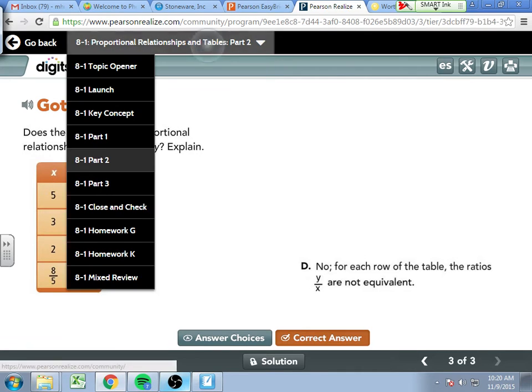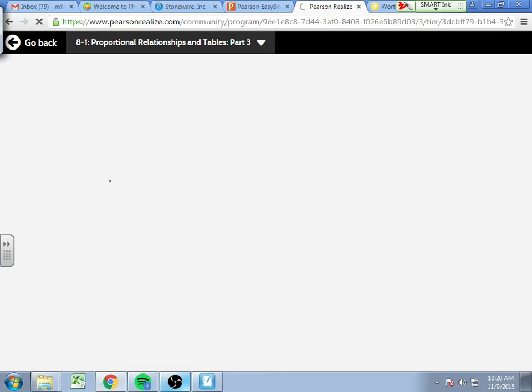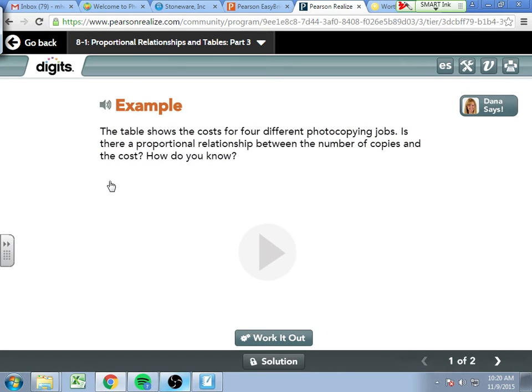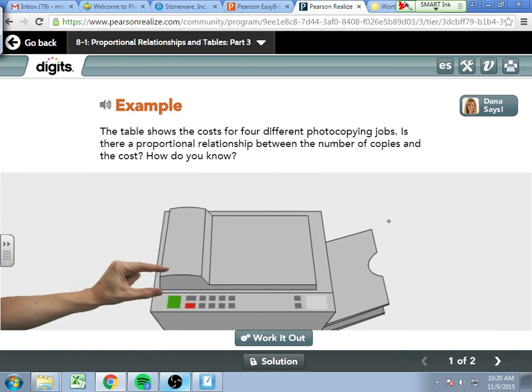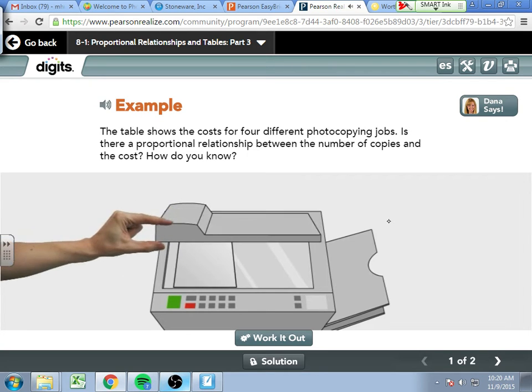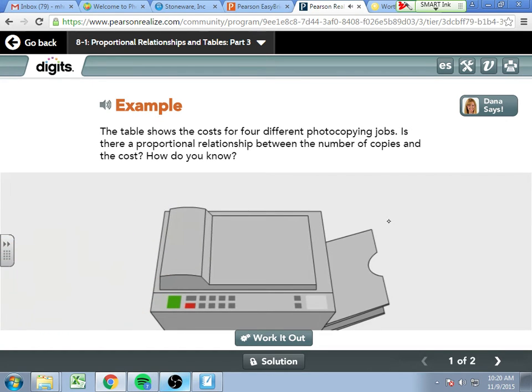Now, if we have a situation where we have copies and cost. Now, most of you guys probably don't know about things like this, but it used to be, like if you didn't have a printer in your house, you'd go to the library or somewhere to print things. So we have a table here that shows the cost and the related number of copies. So I'm going to say, is this a proportional relationship?